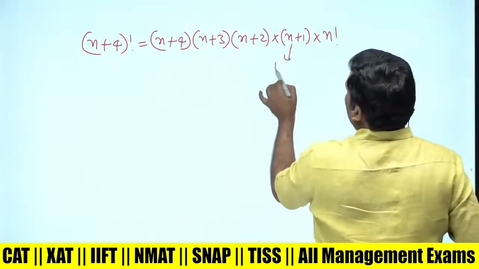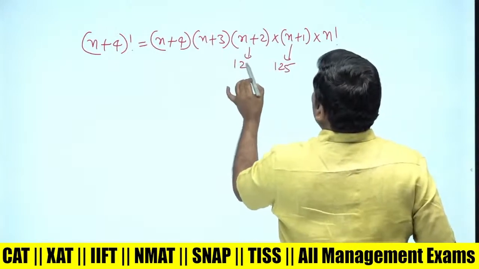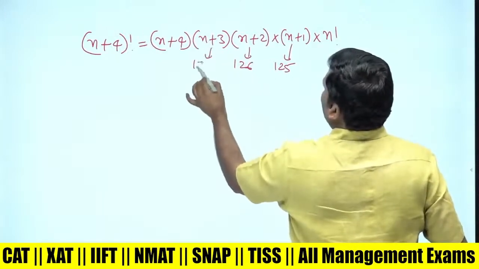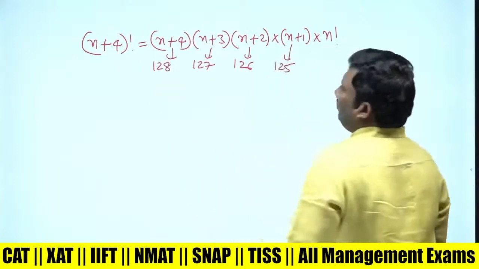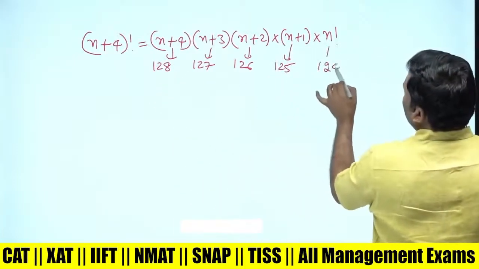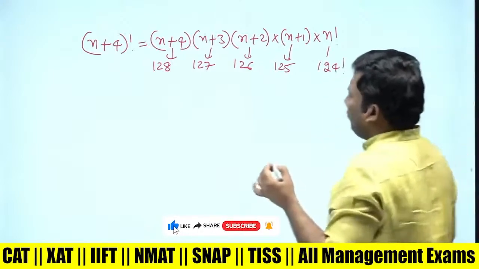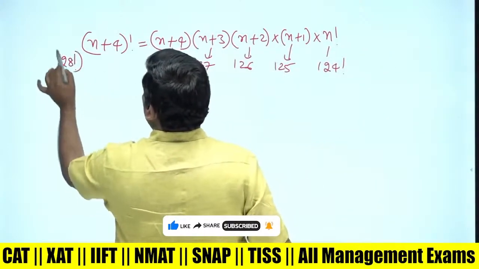If this is 125, this is 126, this is 127, this is 128, and this is 124 factorial. So this will be 128 factorial. Are you all with me?